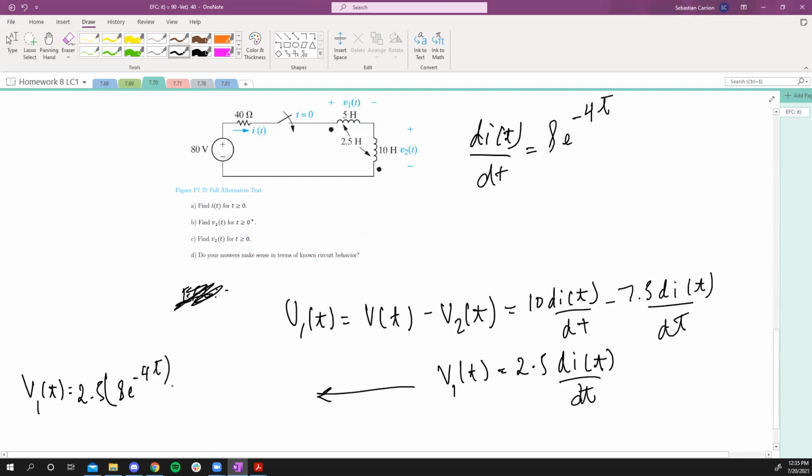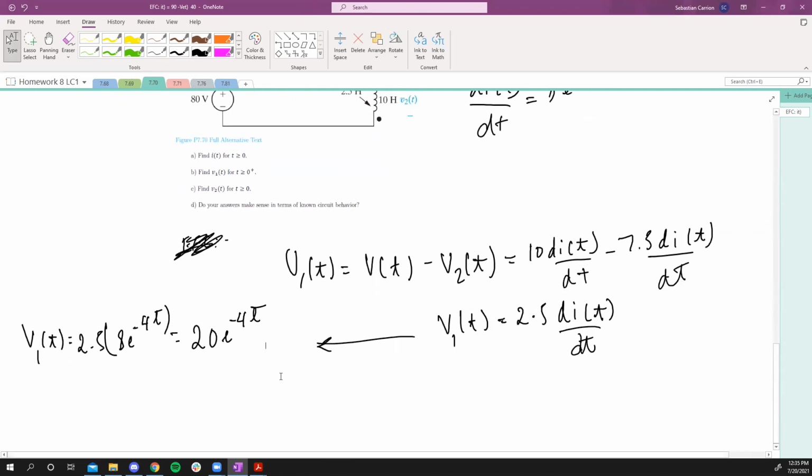So v1(t) would be 20e^(-4t) for time greater or equal than 0. And so, yeah, this is our answer.